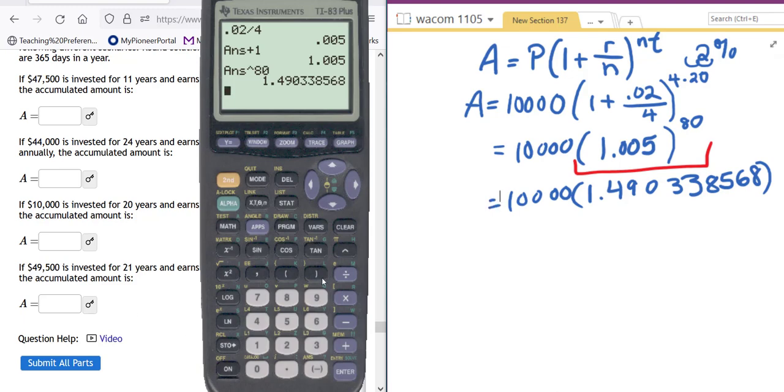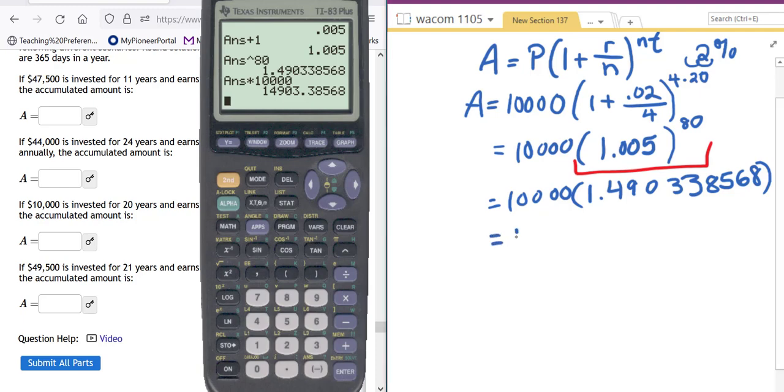So it's still sitting in my calculator. 1, 0, 0, 0, 0. Enter. And I get 14,903.38. All I need to see is the 5. 5 is going to push me up. So 14903.39.